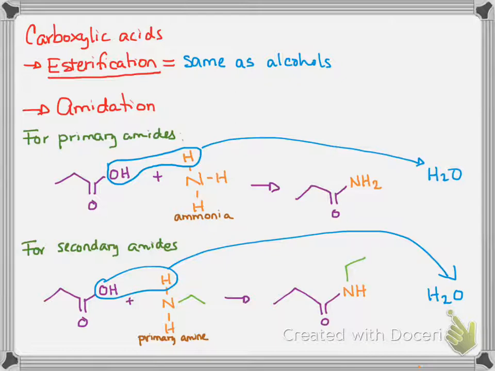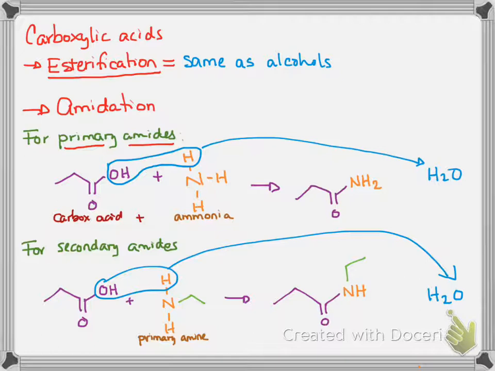Amidation means forming amides. And here we will have 3 different types of amides. For primary amides, if I want to produce a primary amide, I will need to combine a carboxylic acid with ammonia.